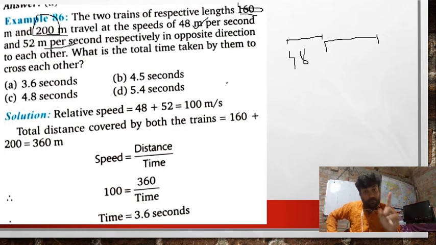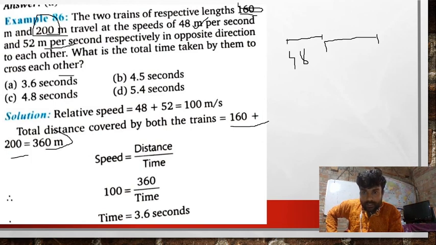Opposite direction is very important, not the same direction. For opposite direction, the total distance taken by them to cross each other means the trains will cover exactly the sum of their lengths. 160 plus 200, so the trains will cover 360 meters.